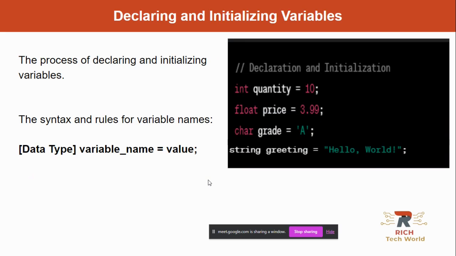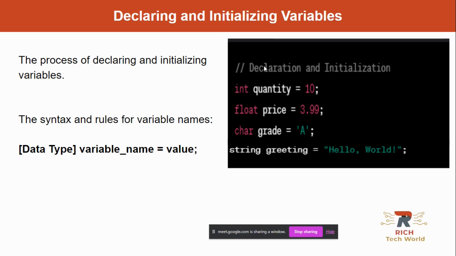Now let's look at this: the declaration and initialization of variables. We have int quantity equals 10. We have float price equals 3.99. We have char grade equals A. And we have string greeting equals hello world.